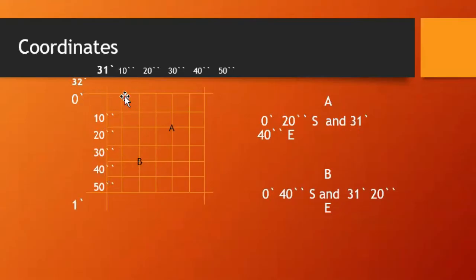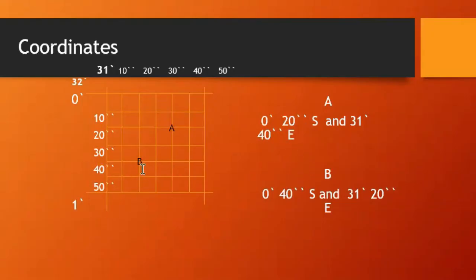So the seconds are going to be 10, 20, 30, 40, 50, 60. And when you look at this, it's 10, 20, 30, 40. That's why you see here is a 40, and we put E. The reason why you put E, because it is easting, or it is a longitude.